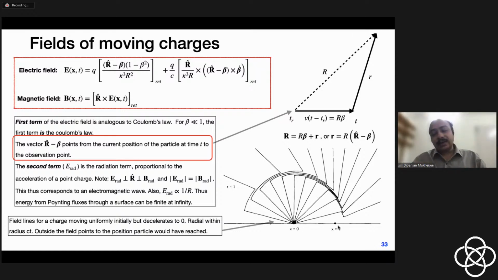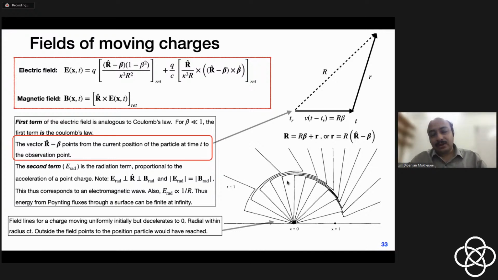Now, suppose at a particular time, the charge has decelerated. So the charge had started to decelerate, and it has come over here. When the charge has stopped its motion, then it is, of course, the normal electrostatic field, which would be radial. But just earlier, as you know, the electric field was looking like this because of this relative motion of the charge.